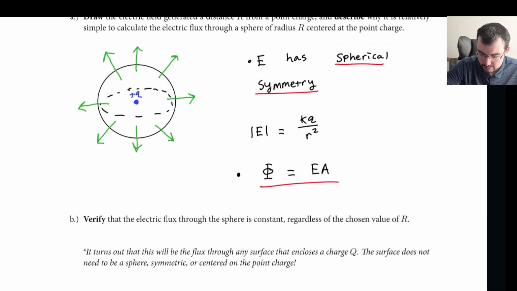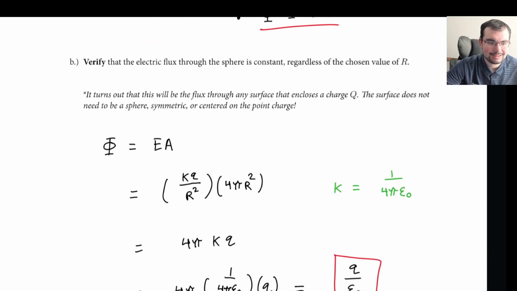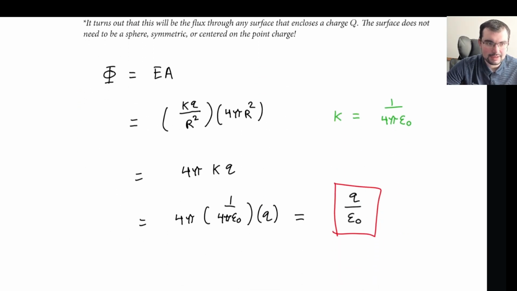And again, the real importance of this argument is that flux is constant because area is quadratic with r, but the field is inverse square with r. So the fact that you have a larger surface is exactly balanced by the fact you have a weaker field, because they have the same dependency on r.